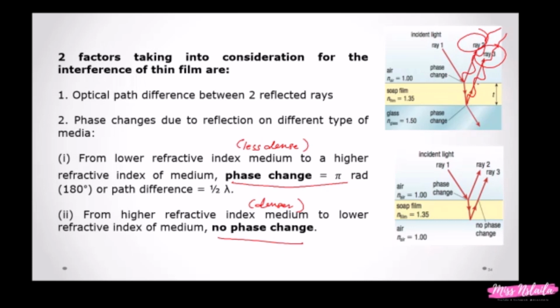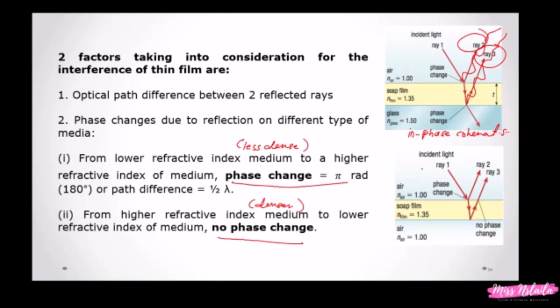Ray 3 is reflected from soap film to glass, so from less dense to higher dense medium, so it has a phase change. When both of these two reflected rays have a phase change, we can say that they are in-phase coherent sources.